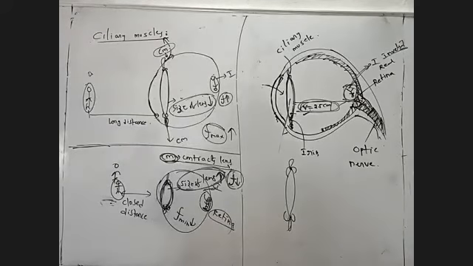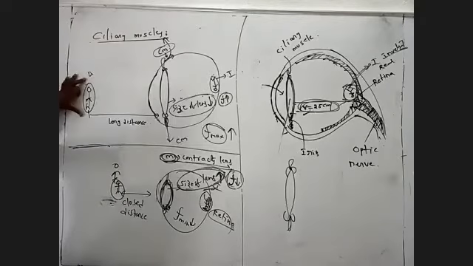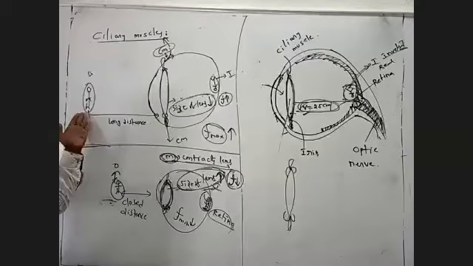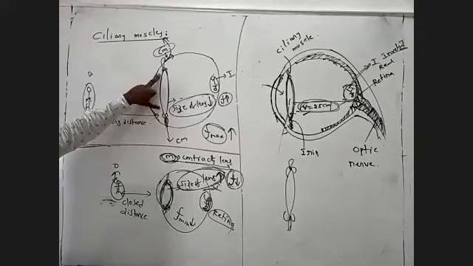Now, you see, one object is at infinity, placed at a large distance from the eye, and another object is very near to the eye. What is the focal length of the lens? When the object is far, the focal length of the lens is maximum.